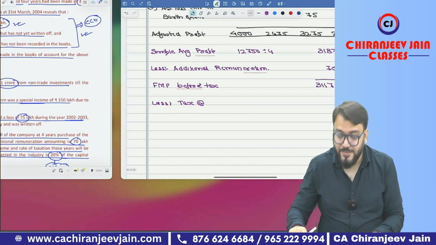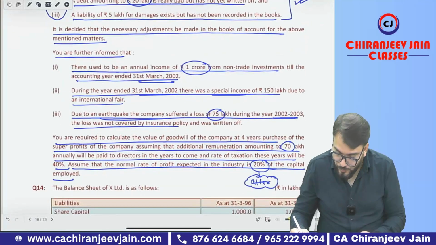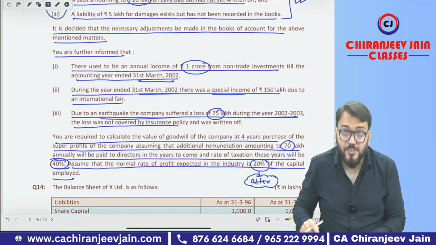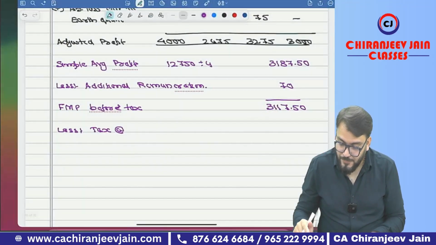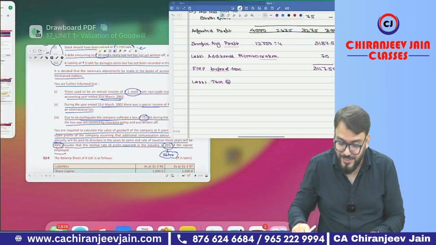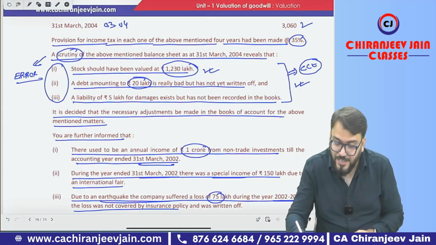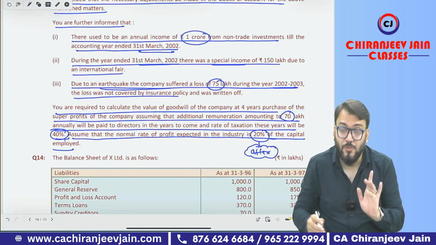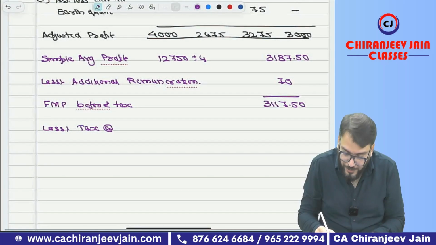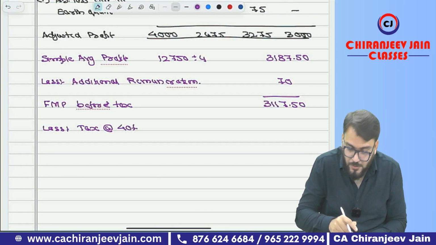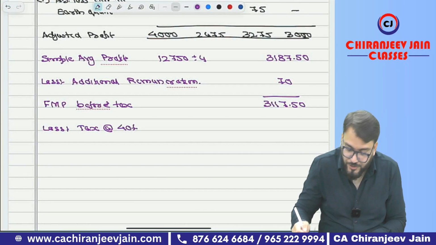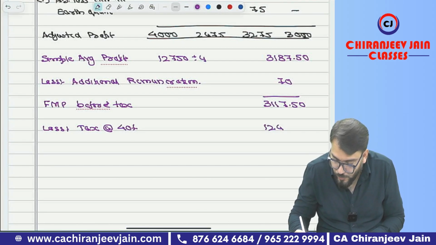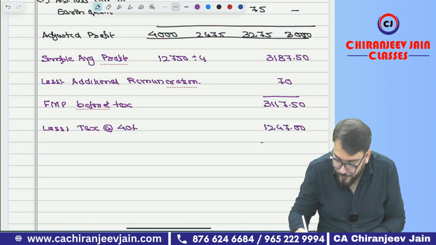Now less tax, at what rate? What is the future tax rate given? Check. The future tax rate is given as 40%. Be careful, because initially it was given at a different rate. Normally students take this rate, 35%, but that is the past tax rate. This is the future tax rate, 40%. So at 40%, the tax is 1247.00.